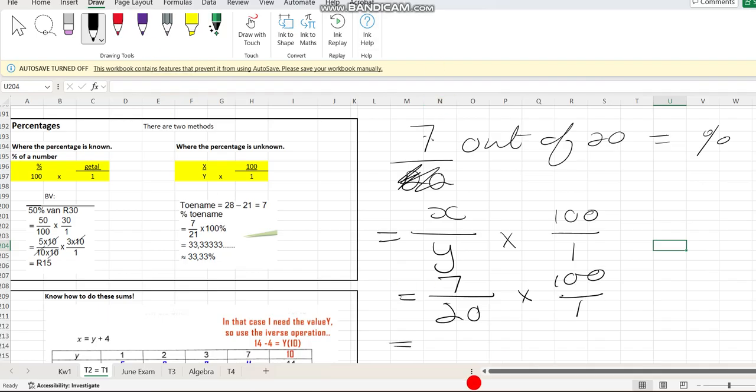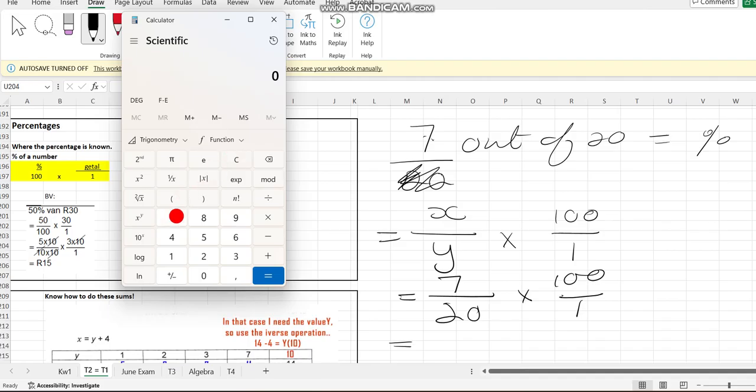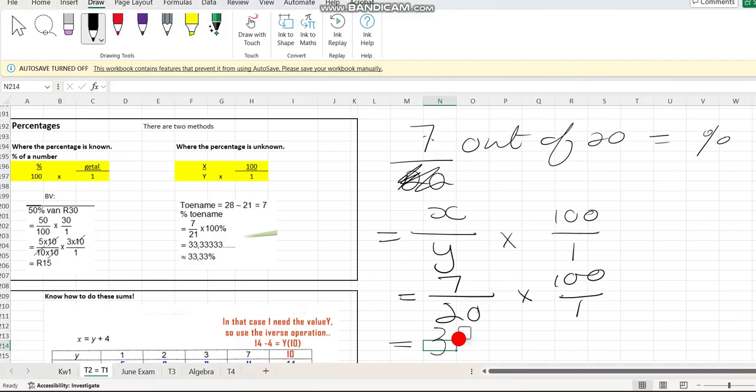So in this case, then you have 7 times 100 divided by 20. So he got 35, but 35 what? 35%. It's very important with any type of sum, you put down what that amount stands for.